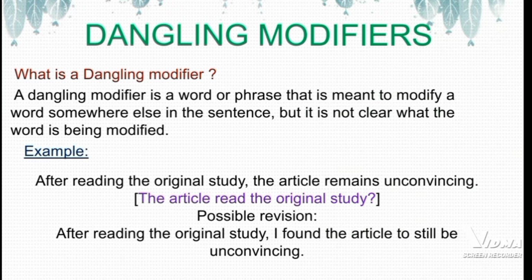For example, after reading the original study, the article remains unconvincing. Here, did the article read the original study? No, it's not like that. A possible revision is, after reading the original study, I found the article to still be unconvincing.